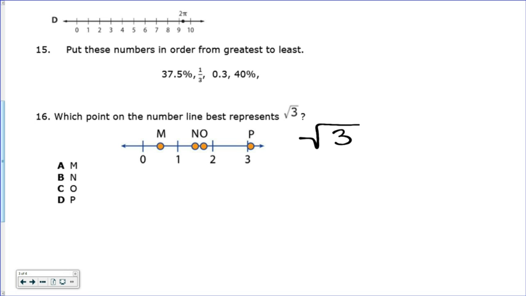So perfect squares, we've got the square root of 1, which would be 1, and the square root of 4, which is 2. Square root of 3 falls in between that, so I can automatically cross out M and P. Okay, and now I'm between N and O. They're both between 1 and 2, but the square root of 3 is closer to 4 than it is to 1, so the answer should be C, O.